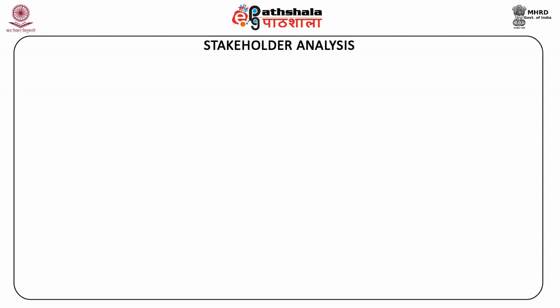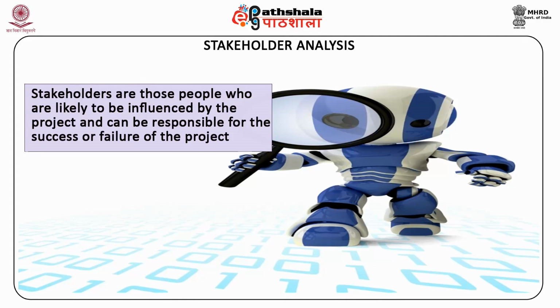The fifth technique is stakeholder analysis. Stakeholders are those people who are likely to be influenced by the project and can be responsible for the success or failure of the project. It is common in development projects and in public sector projects for project planners to commence with stakeholder analysis.